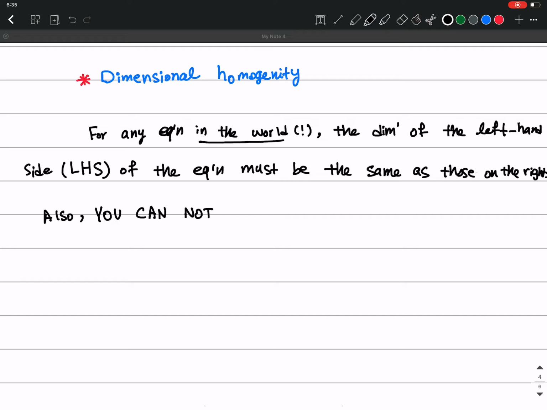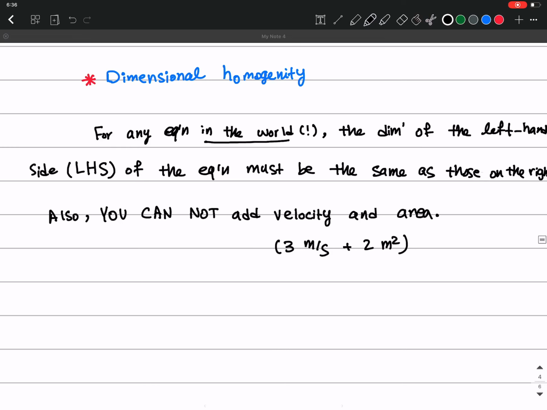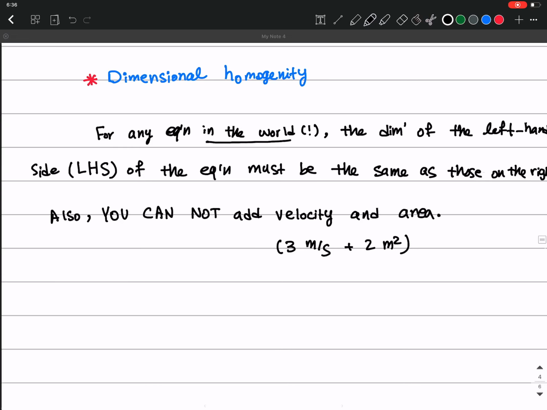For example, you cannot add velocity and area. These are two different variables, right? Have two different dimensions. For example, you cannot add 3 meters per second with 2 meters square, right? They have different dimensions. One has a dimension of LT minus 1, length over time, and one has the dimension of length square. Does this make sense?